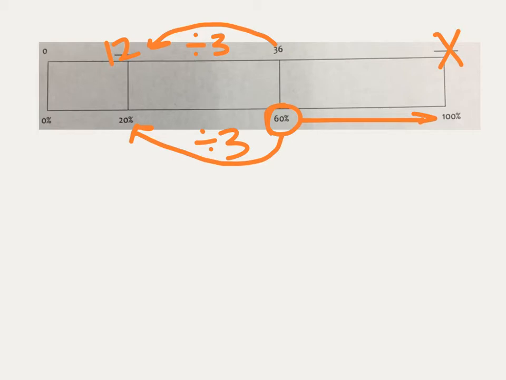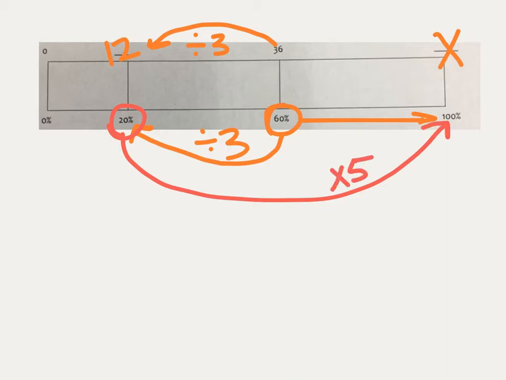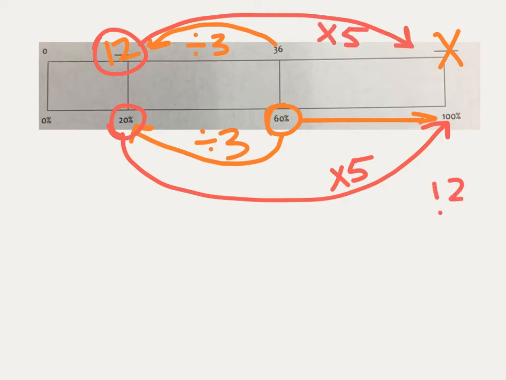But now I also see that I can get from 20 to 100 by multiplying by 5. I couldn't go directly to 100 from 60, but I could scale down from 60 to 20 and then up from 20 to 100. And so if I scaled up the 12, also by 5, I would find that 12 times 5 gives me the exact same solution of 60 students in class.